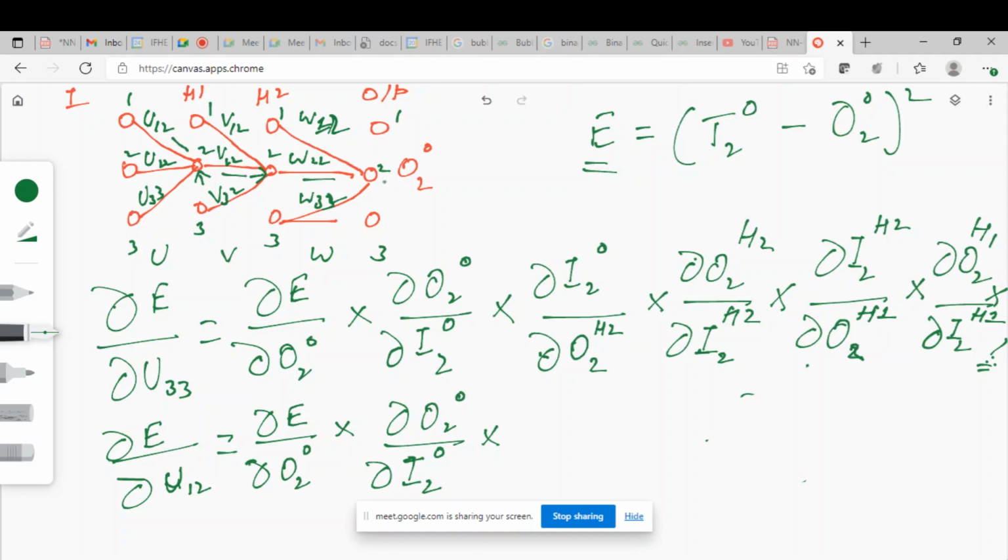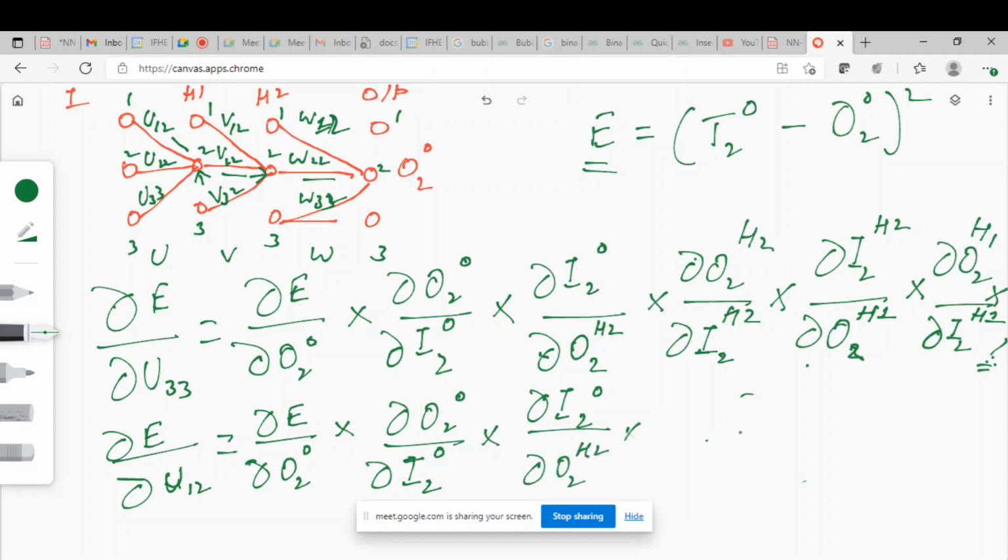If you follow this path, then how will this weight be adjusted? Okay, so this is the path. So now this input depends on what? O2 H2.